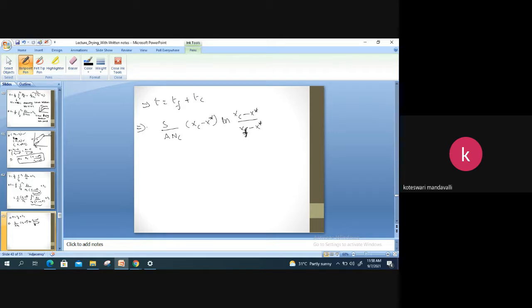This is the falling rate period, and this is the constant rate period, the time required. So total time is equal to tf plus tc.